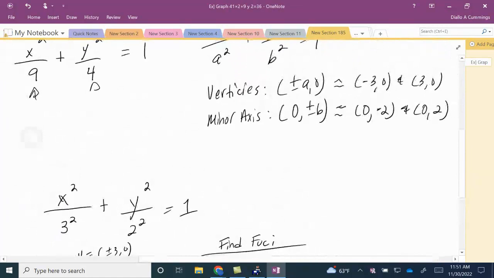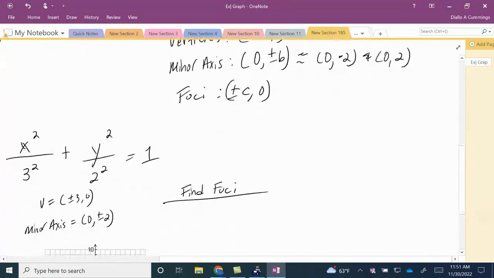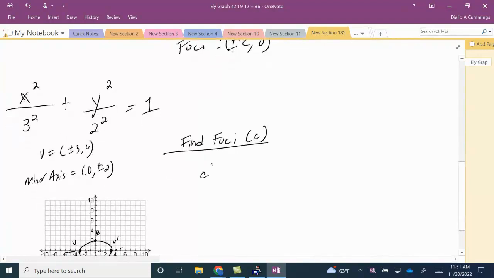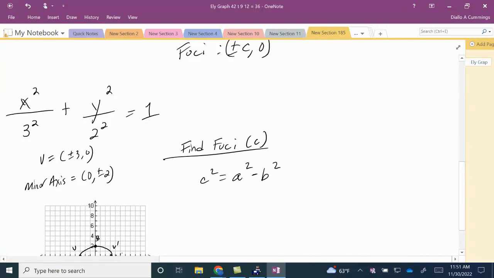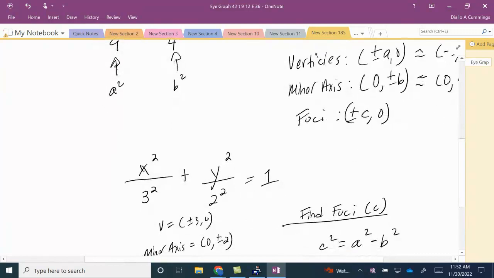So the foci are going to have the coordinates plus or minus c comma 0. Well, how do we find c? We're going to use the formula c squared is equal to a squared minus b squared. We know from our formula that a squared is equal to 9 and b squared is equal to 4.